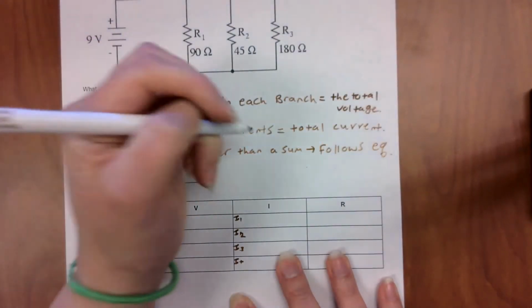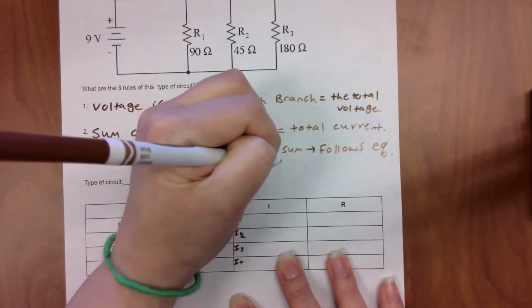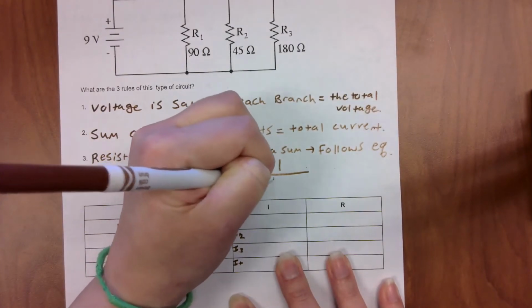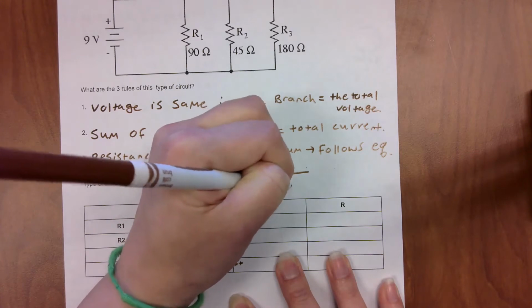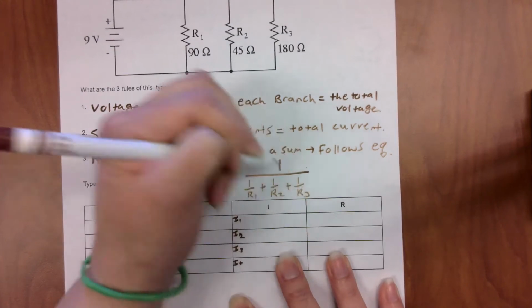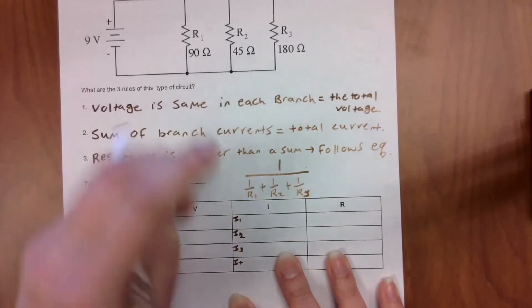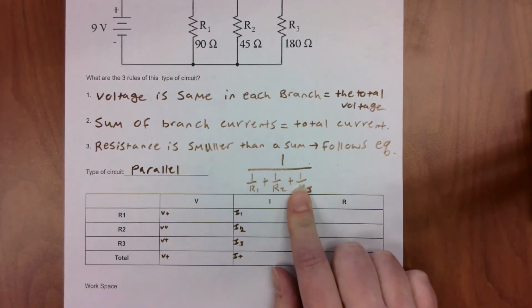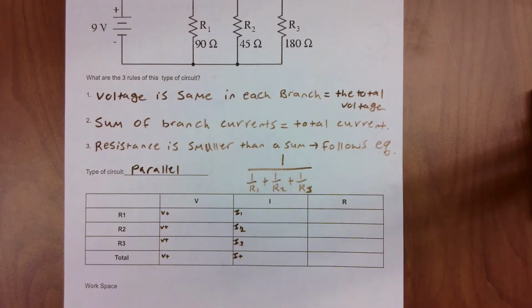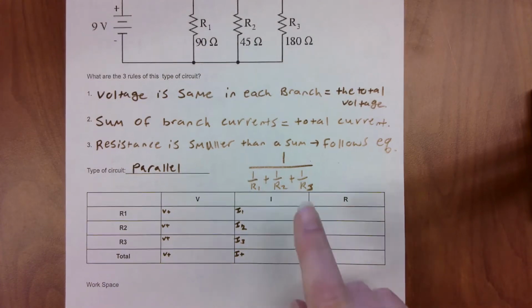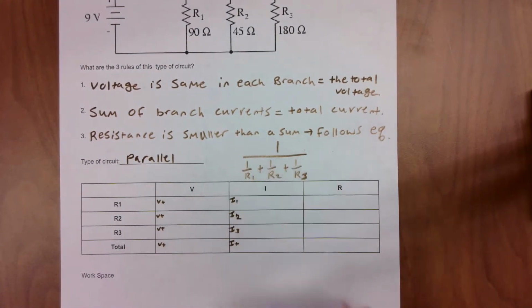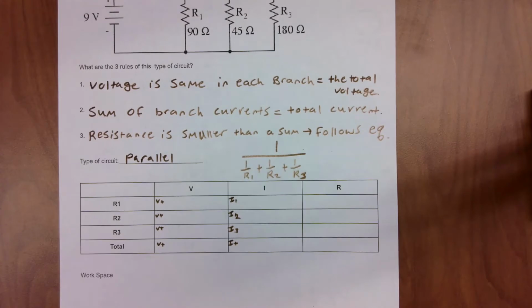And that equation, if you remember, is the crazy looking 1 over R total equals 1 over R1 plus 1 over R2 plus 1 over R3. Okay. This equation, I will explain how to use it in a little bit. And I will also show you an alternative way to get your R rather than using this equation. There's 2 ways to get your R as long as you know Ohm's law. Okay.